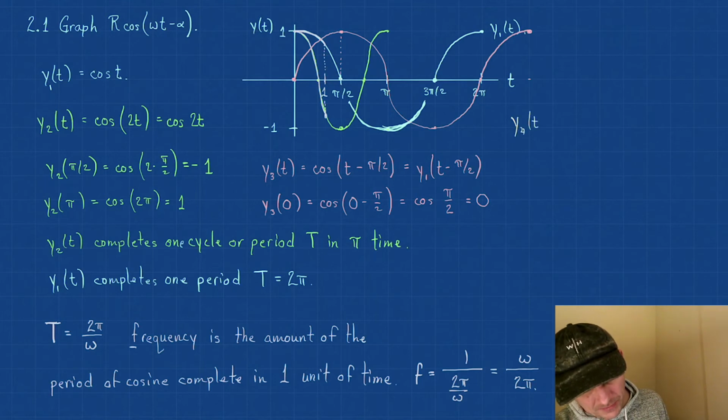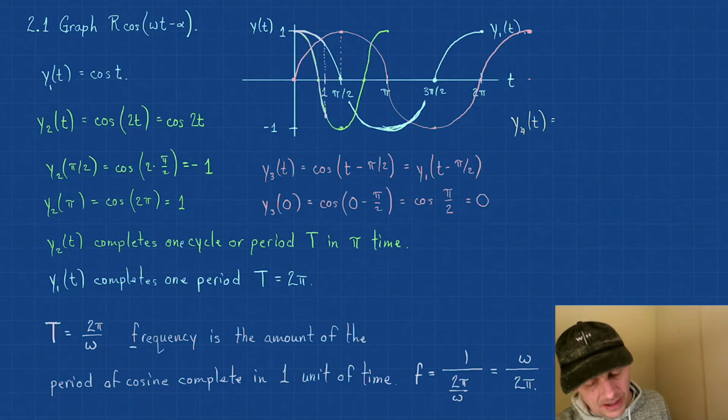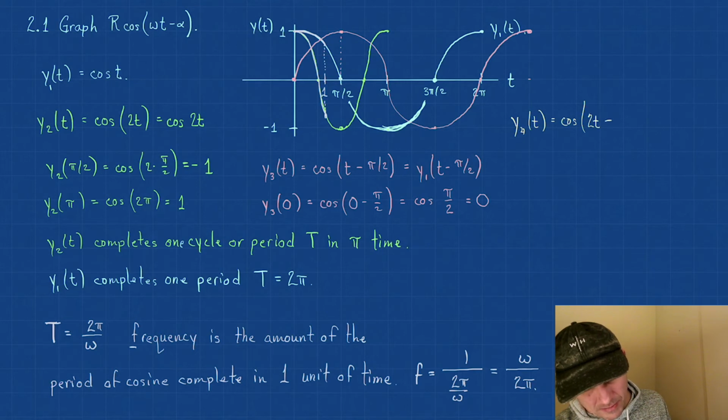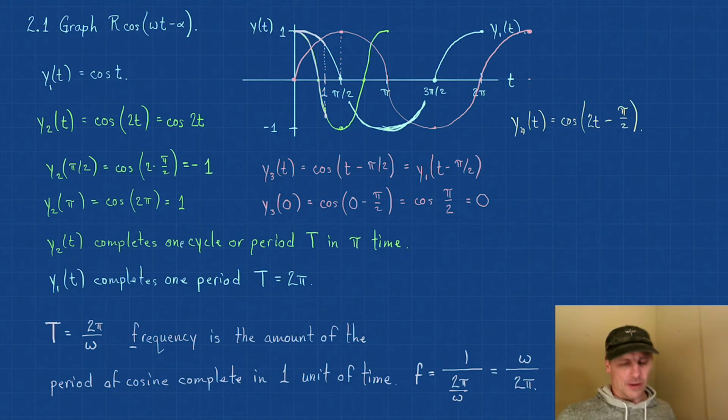y4 of t. Well, what we're going to do now is we're going to look at cosine of 2t minus pi over 2. Okay.